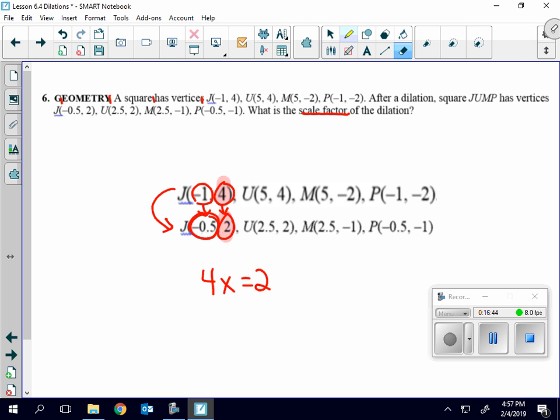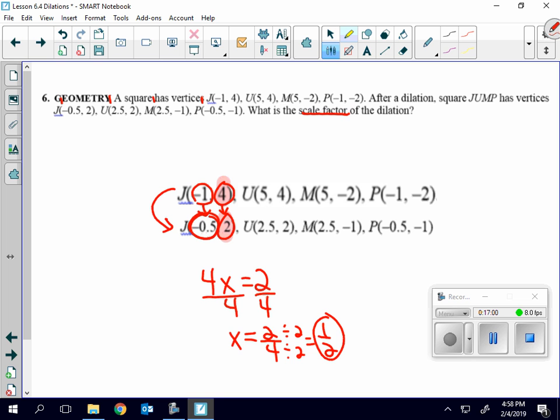Let's divide by 4 to solve for x. X equals 2/4, or make it a simplified fraction. We'll divide by 2 and get 1/2. And you can see that that works for everything. And of course, this also means divide by 2.